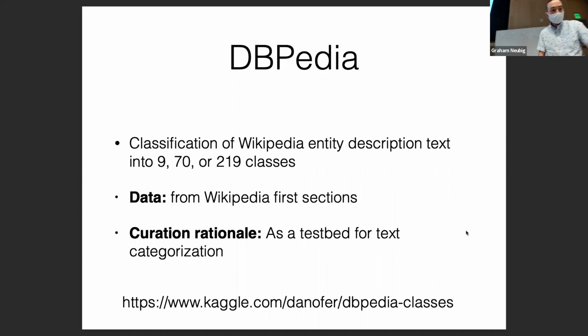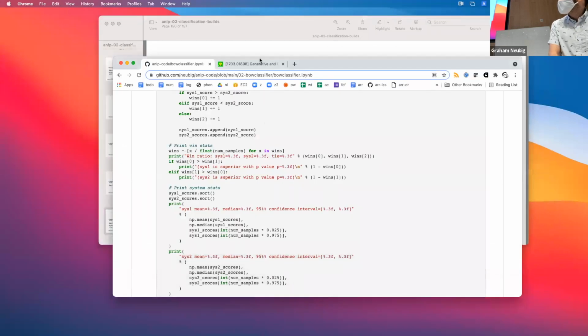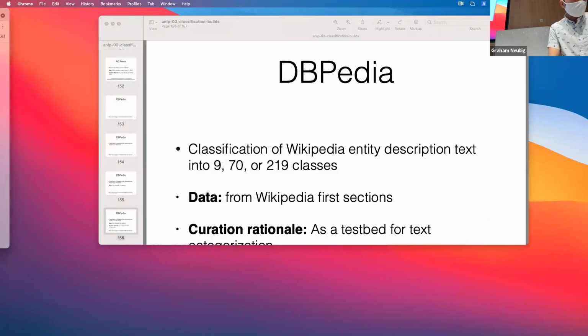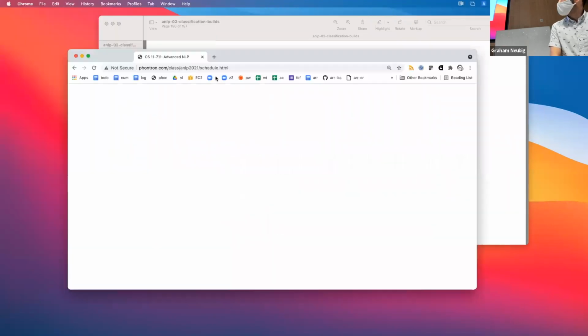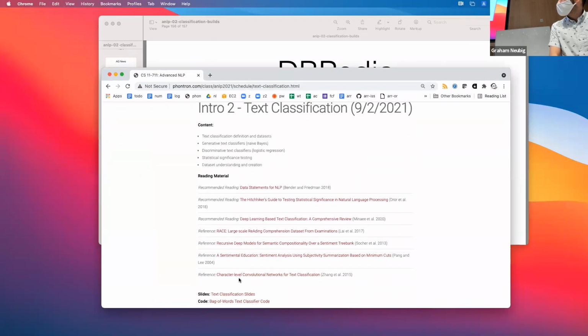Is there a central place online to find these NLP data sets? That's a really good question. One thing I didn't mention is on the class website, I think many people might have noticed this, we have a schedule, and every day there's a link here.